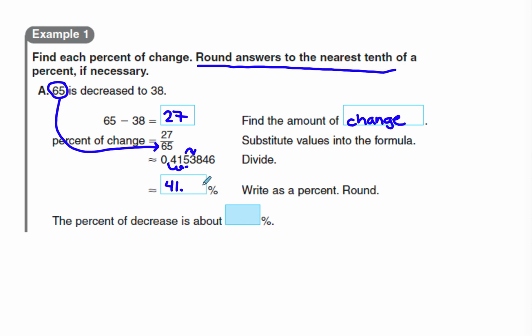If that second number is 5 or more, it rounds up. Otherwise, it stays the same. So because this was a 3, it becomes 41.5. If this was 41.56, then it would round up to 41.6. So our percent of decrease, because our original number was going down, is about 41.5%.